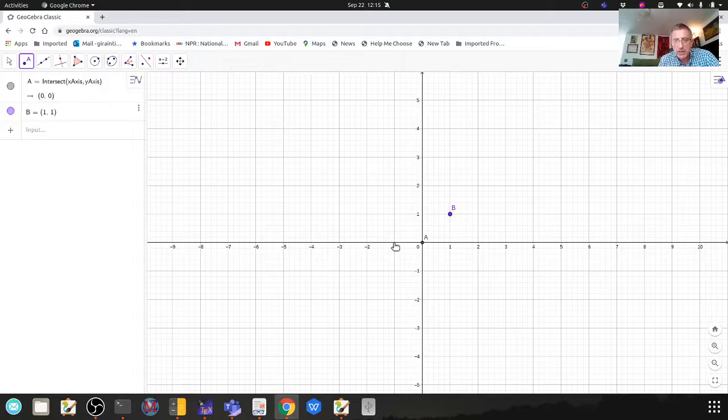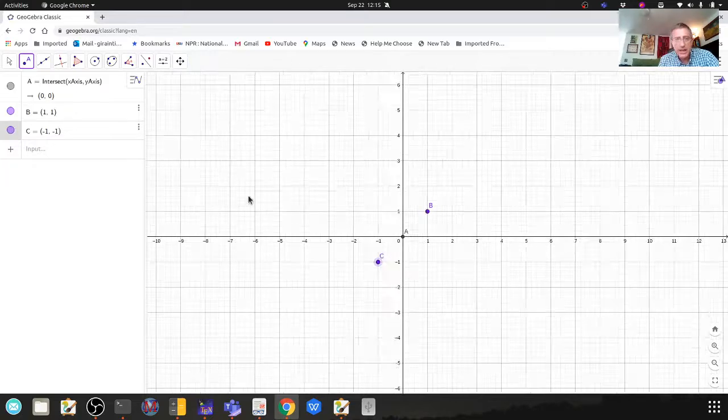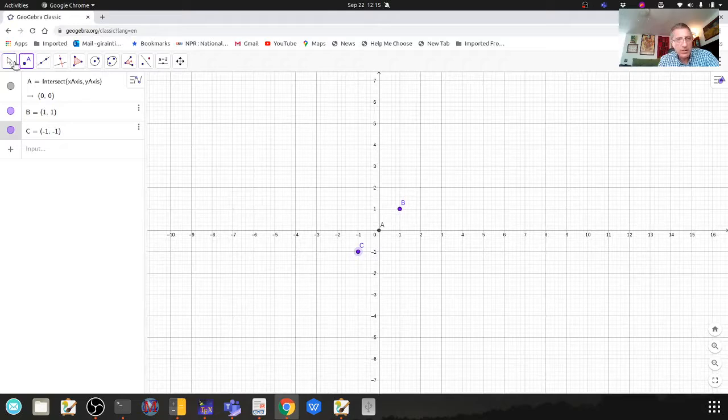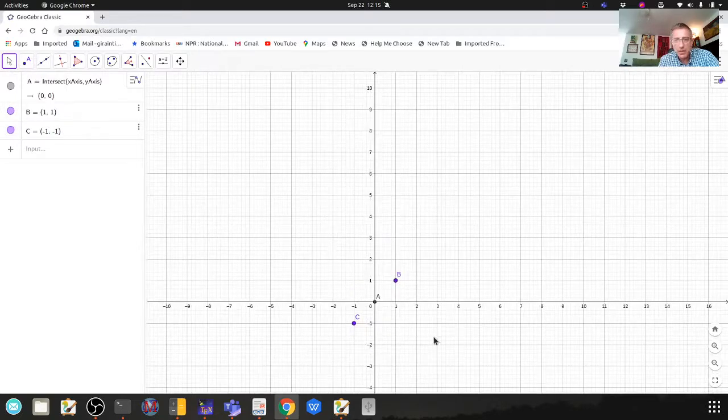And minus 1, minus 1. So whenever it's a negative value, the y value is going to be down here. The next value was 2 and 8, so I'm going to have to scoot out some. 2 and 8.